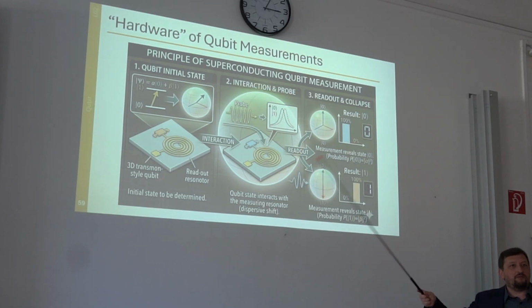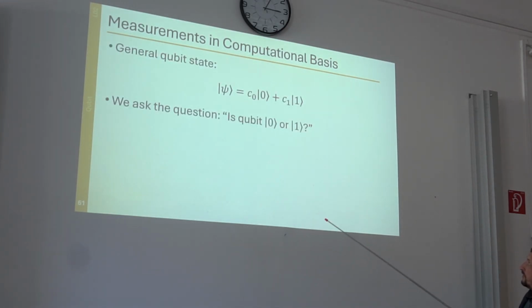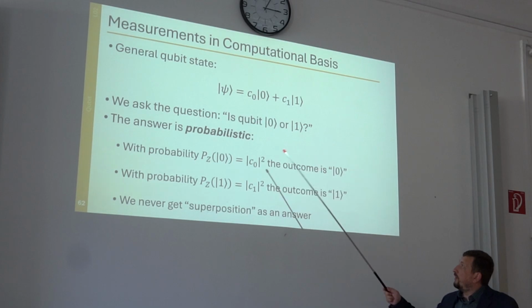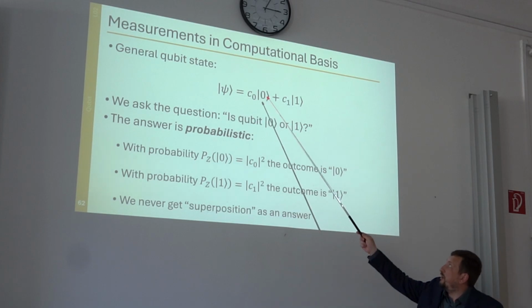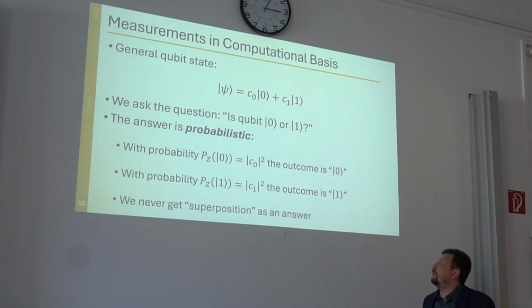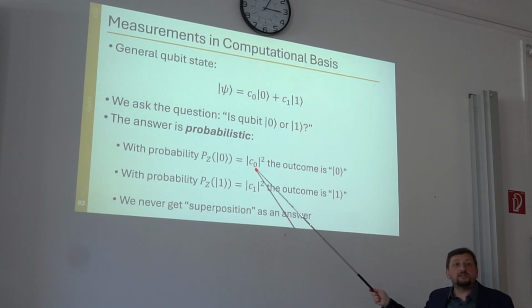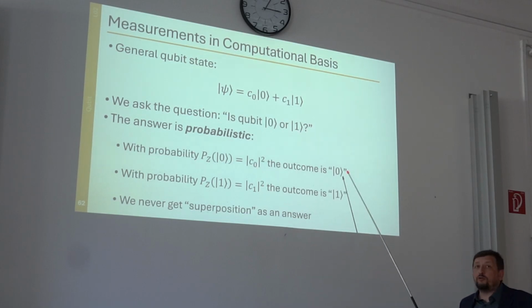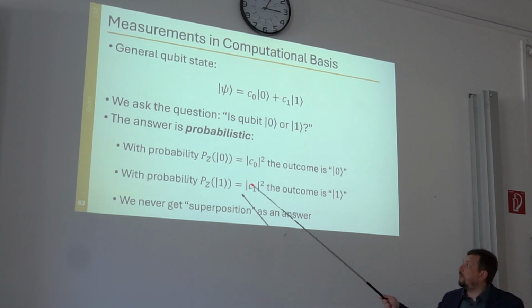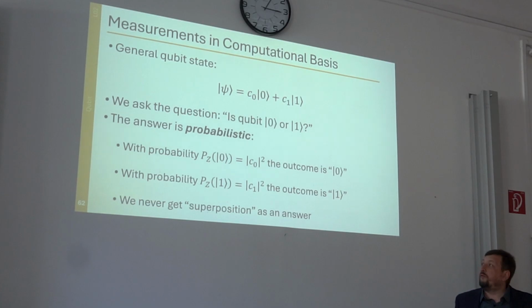You can invent a different way, but you will never get an answer that the qubit is in superposition. So we have a qubit in such a superposition state, C0 and C1. Then with probability C0 squared, the outcome will be 0. With probability C1 squared, the outcome will be 1. We will never get superposition as an answer.